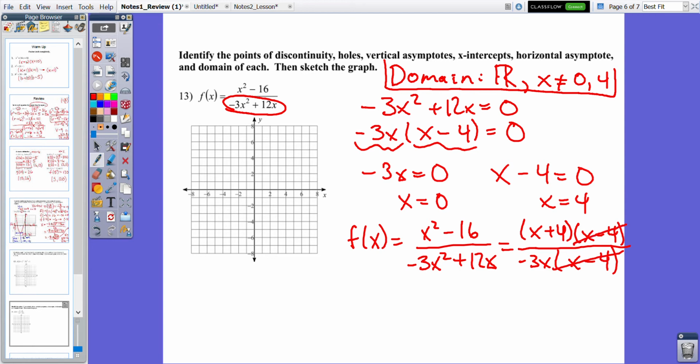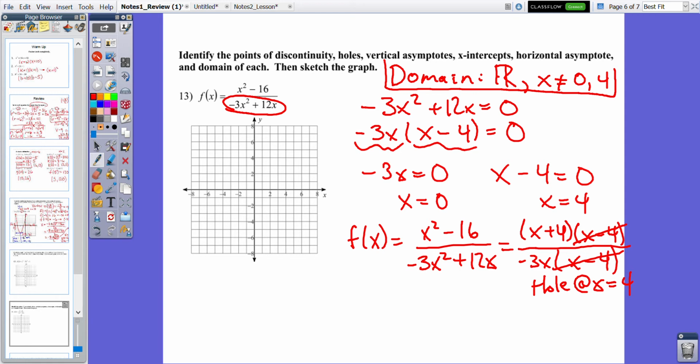When we do that, whatever we cancel out means that there's going to be a hole in the graph. So x equals 4. Whenever we cancel out a factor, we can assume that there is a hole in our graph at x equals 4. So that's the type of discontinuity we have at x equals 4.